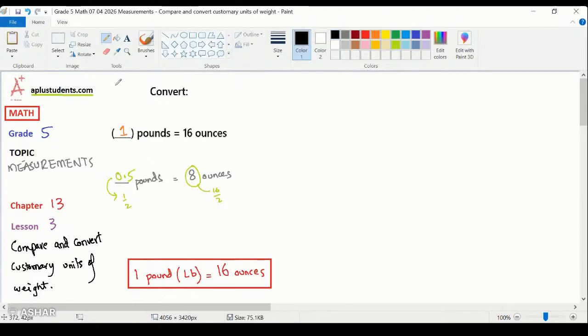And a quarter of a pound, 0.25 pounds, should be equal to 1/4, that means 4 ounces. Okay, this is a quarter pound.